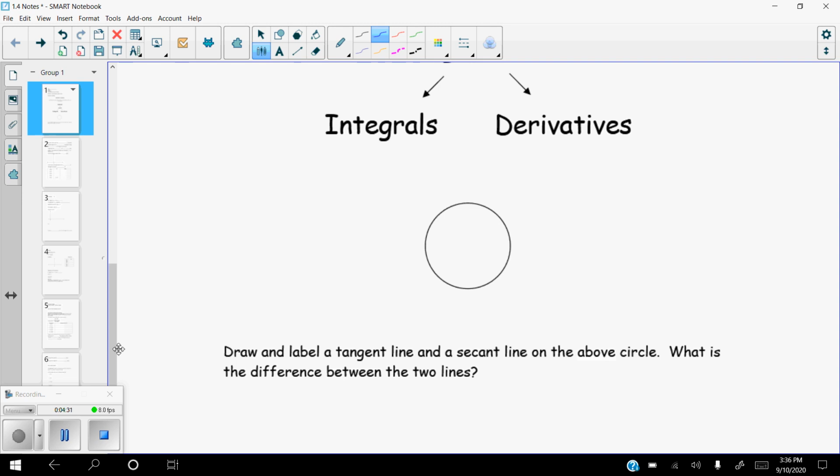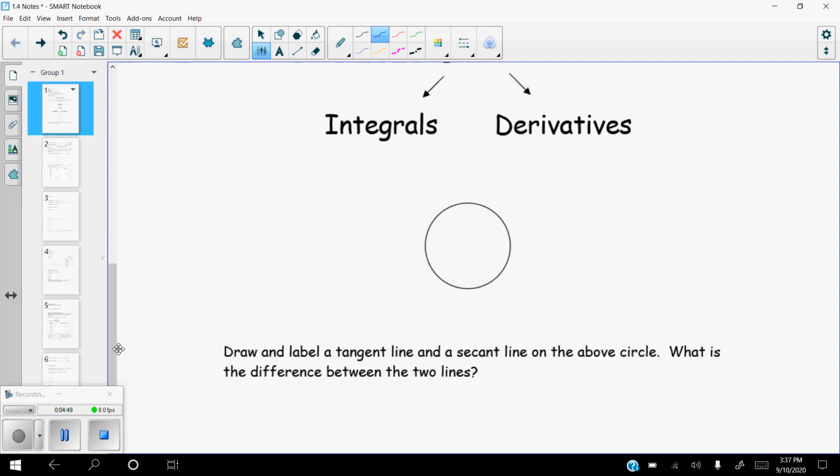I'm still waiting. Okay, more than likely, if you had somewhat of an idea, you've already sketched it. If you didn't have an idea, you might be trying to think about it. What is a tangent line? What's a secant line?